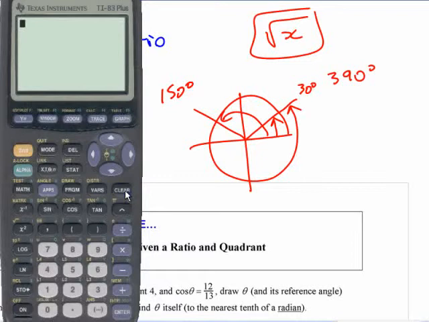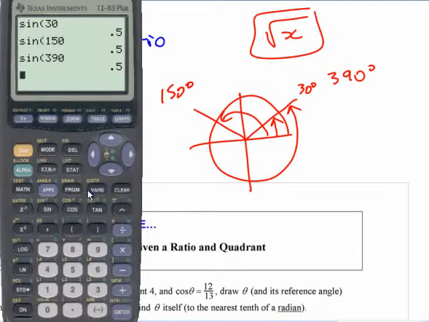So let's do all of those just to prove it to you. Sine of 30 degrees, sine of 150 degrees, sine of 390 degrees. There's lots of different angles that have a sine ratio of 0.5 because they all end in one of those two spots. If we ask it to go backwards now, which one does it give you?